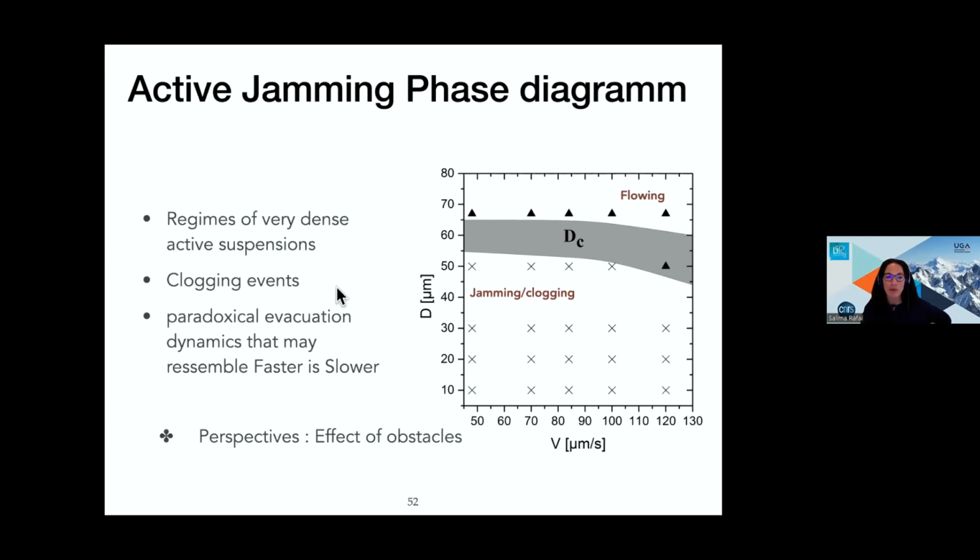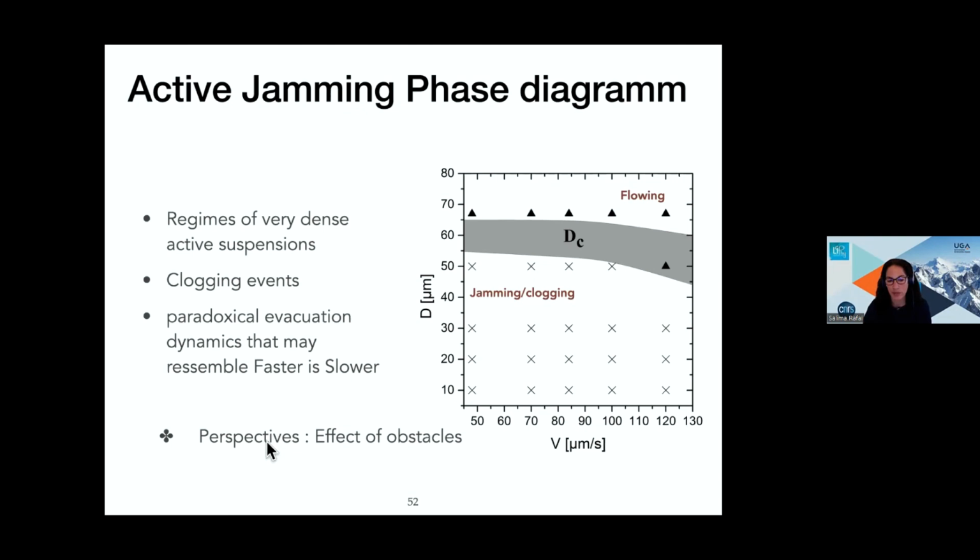We see some clogging events, if you allow me to call them like this. So there are longer and longer time lapses between the evacuations, and we observed a paradoxical evacuation dynamics that we think may resemble faster-is-slower, even though I'm not sure it's exactly the same origin in these systems.